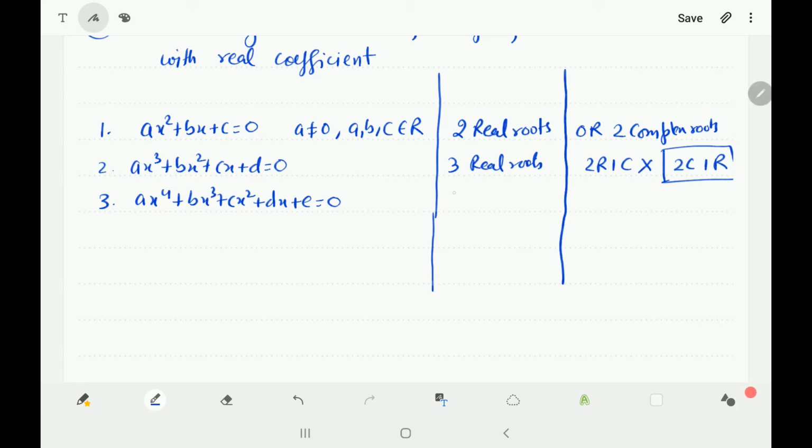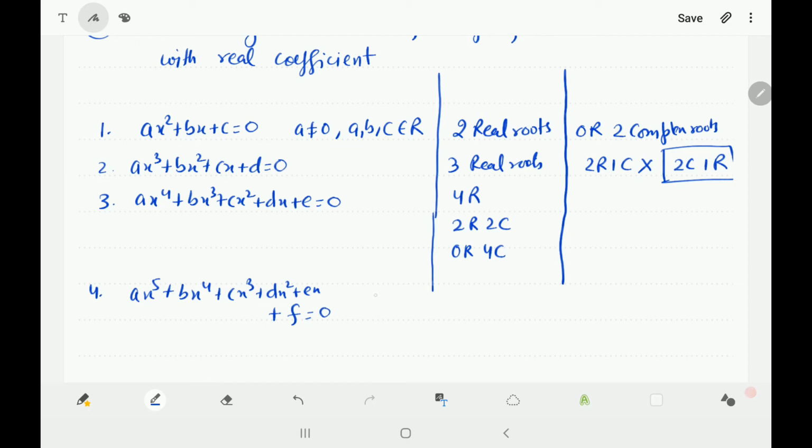For a degree 4 equation, either we will have 4 real roots, or we can have 2 real and 2 complex roots, because complex roots exist in conjugate pairs, or we can have 0 real and 4 complex roots. Similarly, for a degree 5 equation, ax^5 plus bx^4 plus cx cube plus dx square plus ex plus f, it is understood that all the coefficients are real.